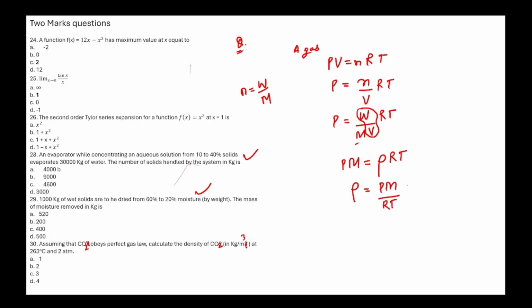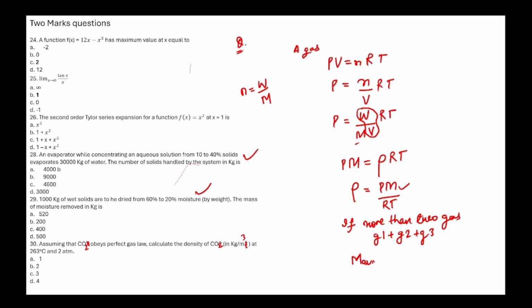Now, if there are more than two gases, suppose we have a mixture of gas 1 plus gas 2 plus gas 3, hydrogen, nitrogen, oxygen, then how will we find the density? The only difference is that instead of this molecular weight, we will use the average molecular weight.